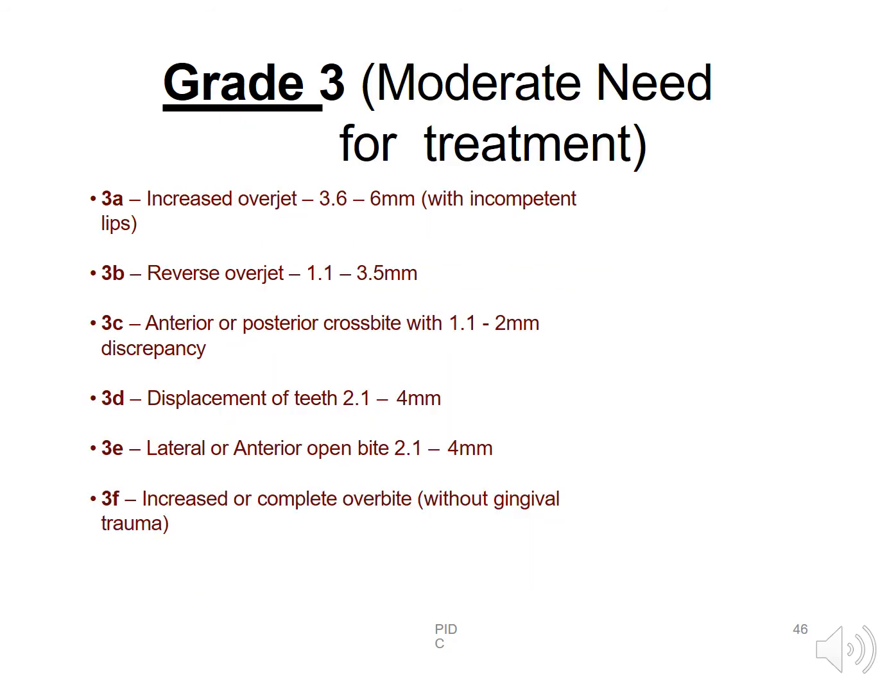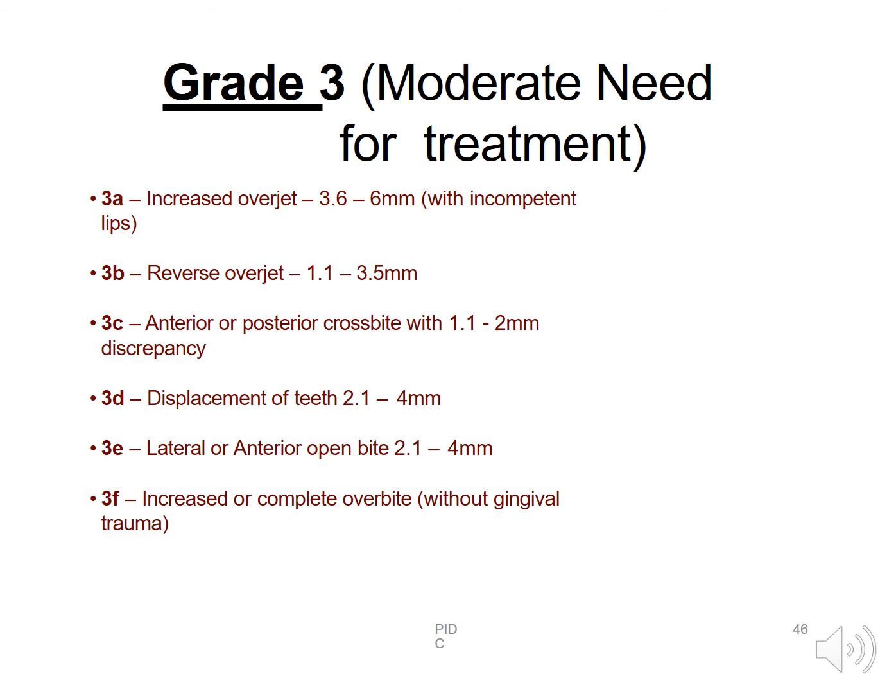Now we move on to grade 3, which is the moderate need for treatment. It consists of 3A, increased overjet up to 6 mm with incompetent lips. 3B, which is reverse overjet up to negative 3.5 mm.